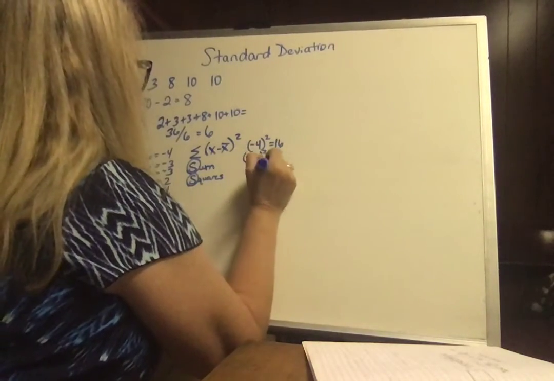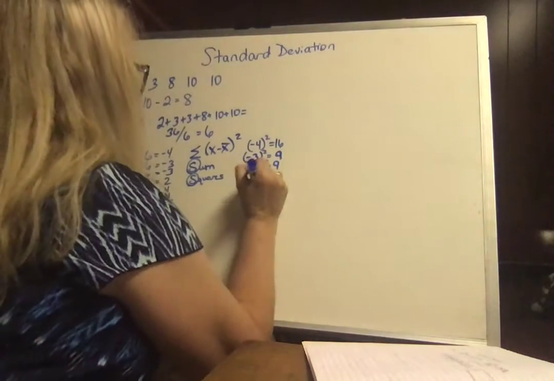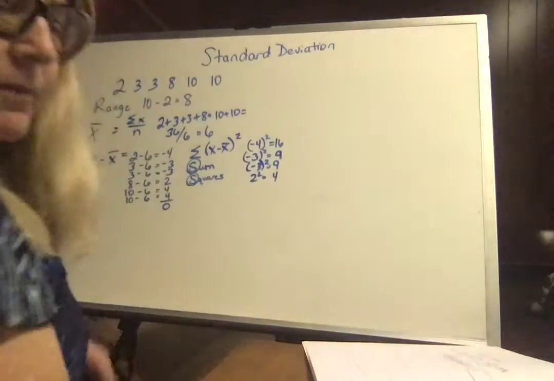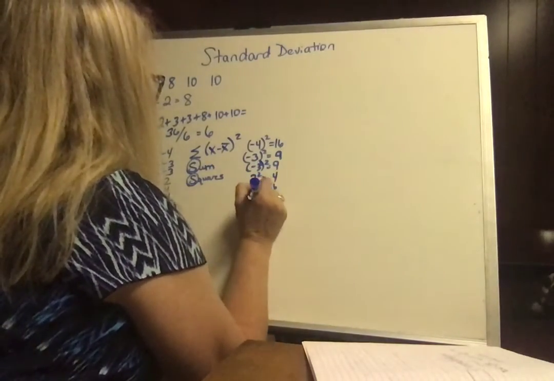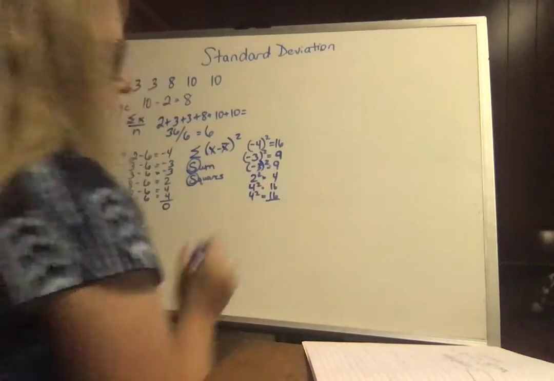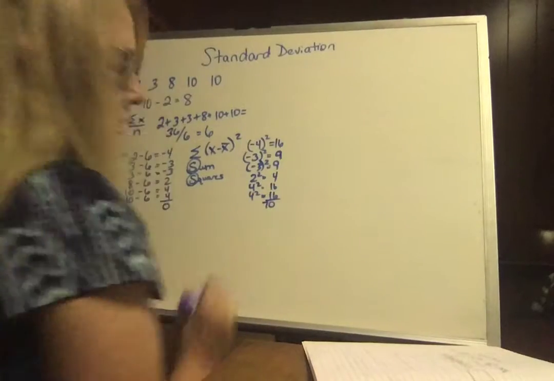The next one's the same. -2. Nope, +2. +2 squared, 4. And then 4 squared. 4 squared. And then adding up those numbers, yes, you might need a calculator. We can use decimals.